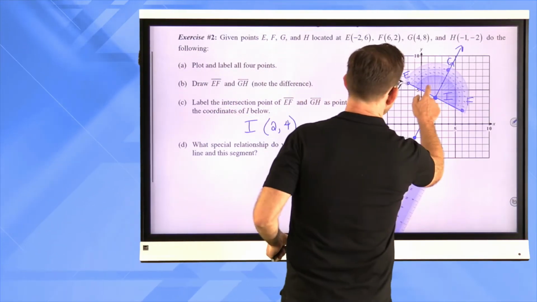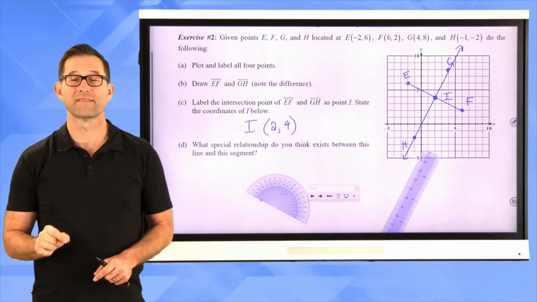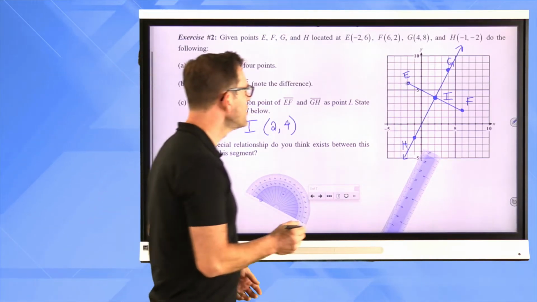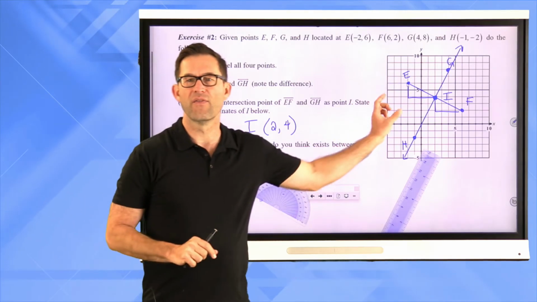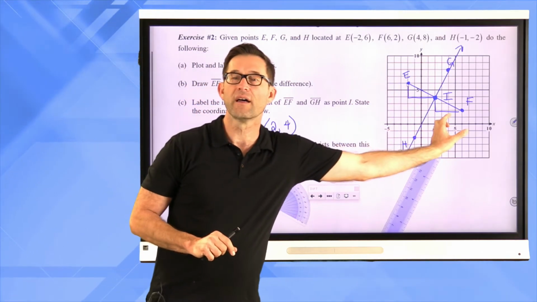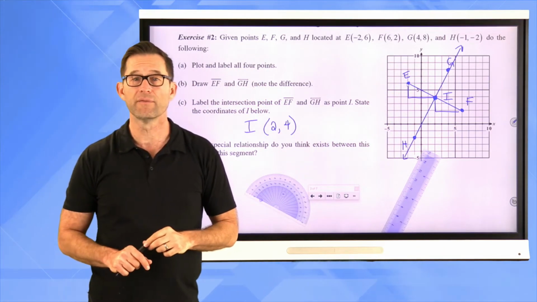The other thing that's true is that that line actually bisects that segment. And again, that one's a little bit harder to tell, but if you think about it, you go down 2 here, you go across 4 here, go down 2 here, go across 4 here. It's pretty obvious that this length and this length are the same, making I the midpoint of EF, right?